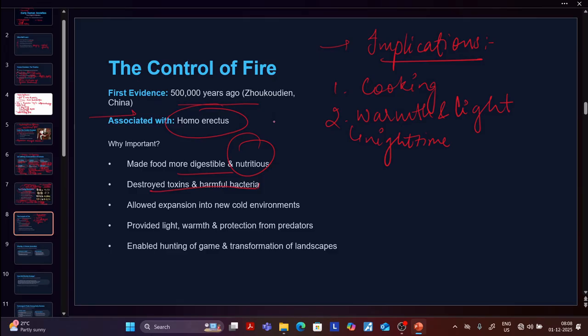Fire becomes a focal point for social bonding. Additionally, fire provides warmth. This is critical because it enables migration into colder climates. When Homo erectus migrated northward into Eurasia, fire was essential. Without fire, European winters are lethal. Fire literally made geographical expansion possible.